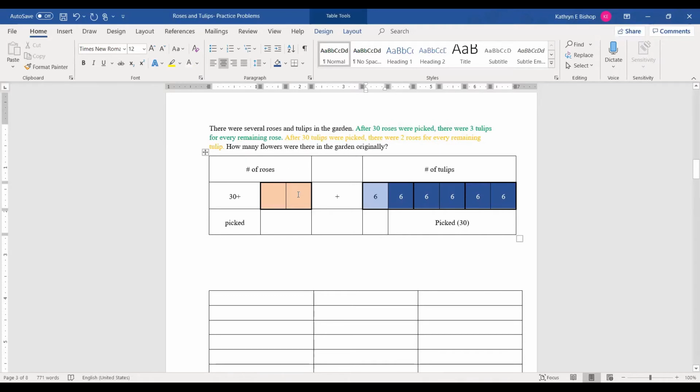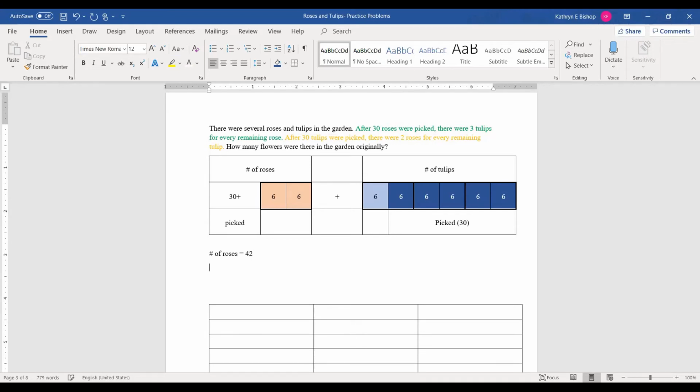And this should equal 6, and this should equal 6. So based off of this, I should have number of roses in the beginning equaling 42, because I have 30 that were picked plus the 6, and the 6 makes 12. So 30 plus 12 is 42.